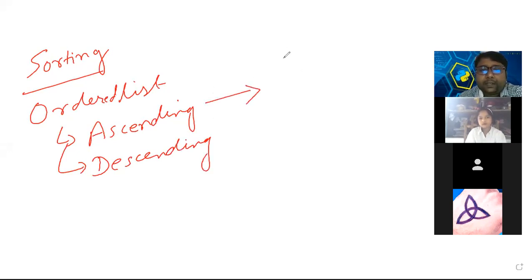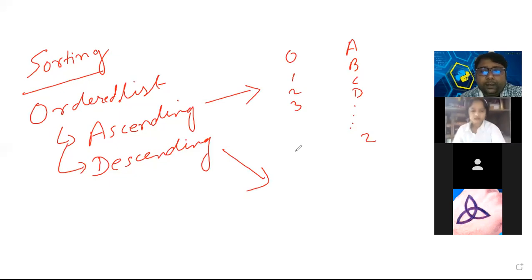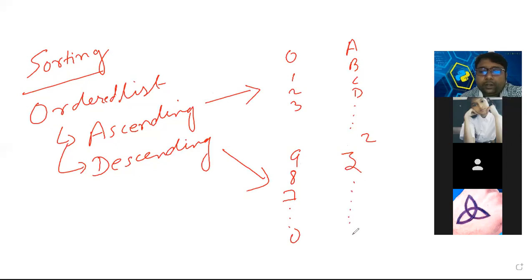Ascending starts from 0, 1, 2, 3 for numbers, and for alphabets A, B, C, D, like this up to Z. Descending is just the opposite. If I have something from 0 to 9, first 9 will come, 8, 7, dot dot dot 0, and then Z to A. So this is the concept of sorting.